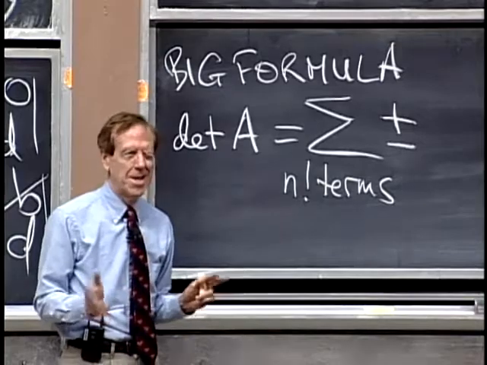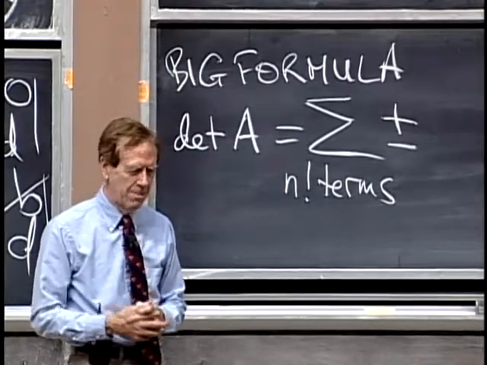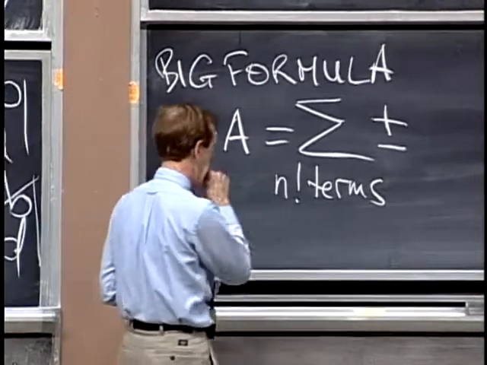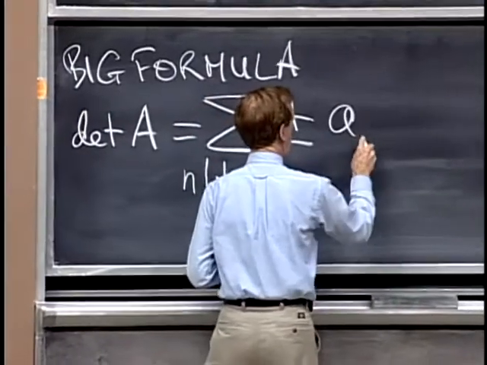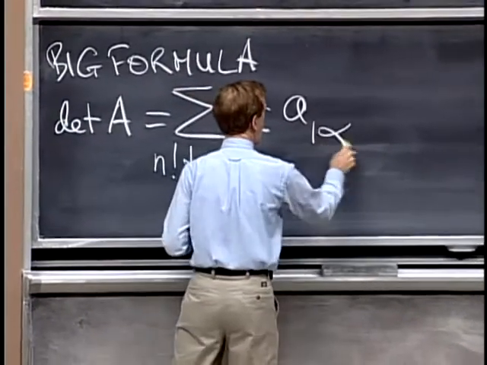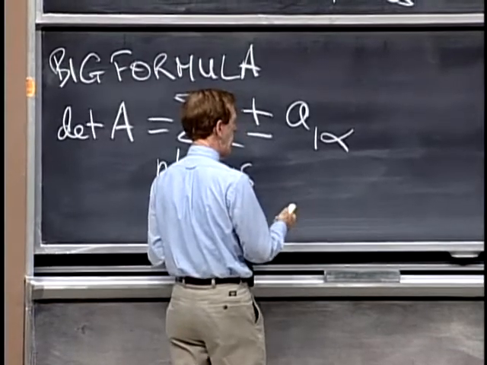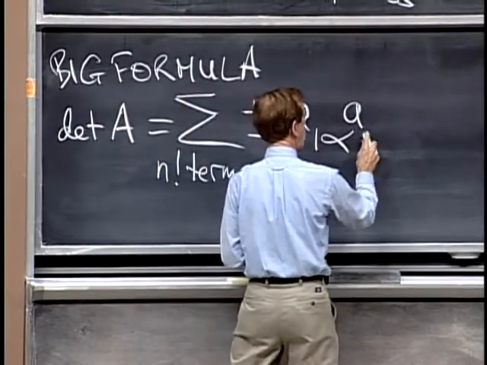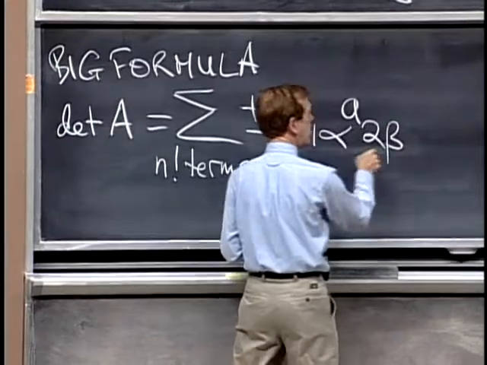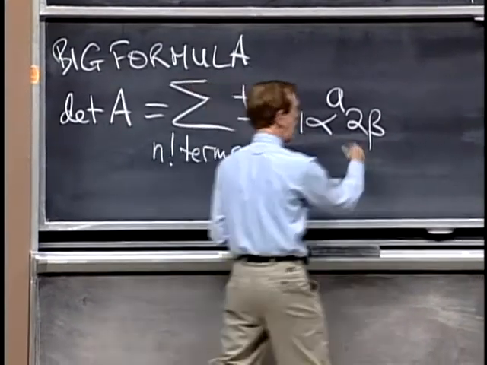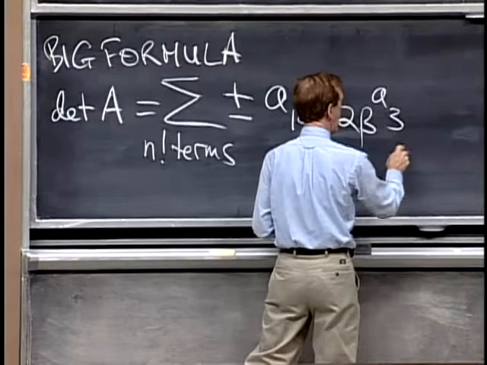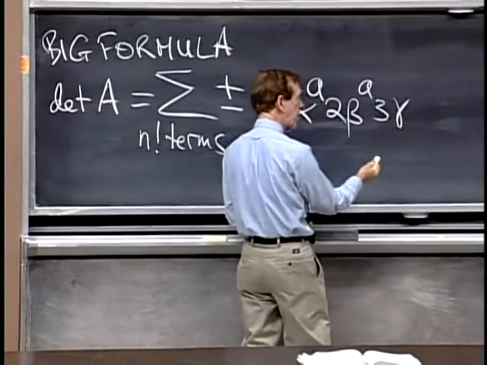And I'm not willing to stop with 3x3, so I'm just going to write the formula down. The one in the first row comes from some column alpha. I don't know what alpha is. And I multiply that by somebody in the second row that comes from some different column. And I multiply that by somebody in the third row who comes from some yet different column.